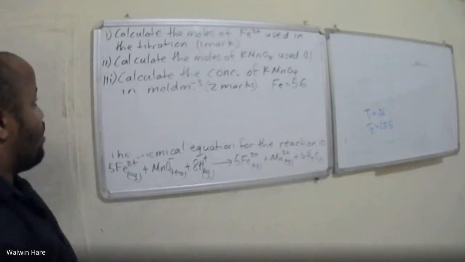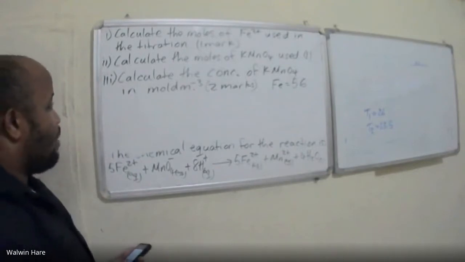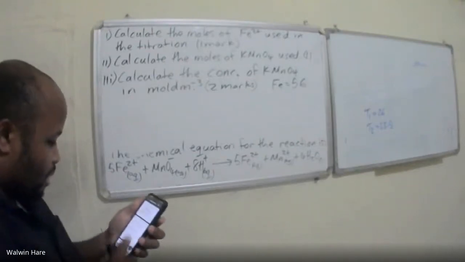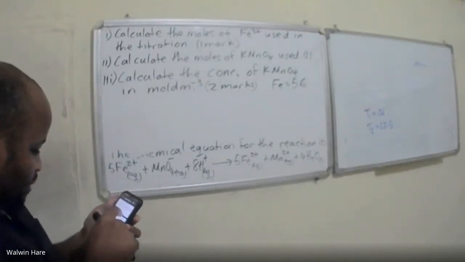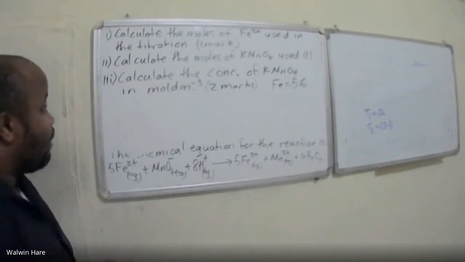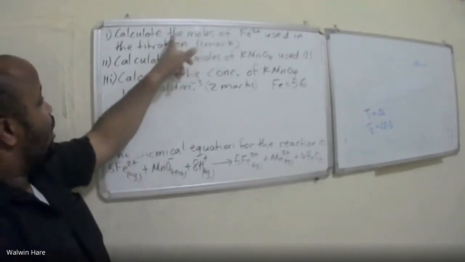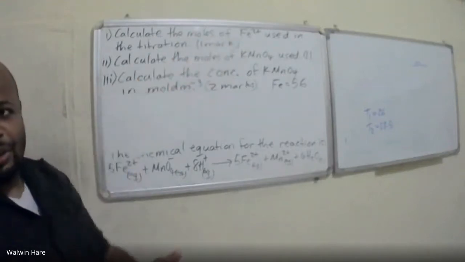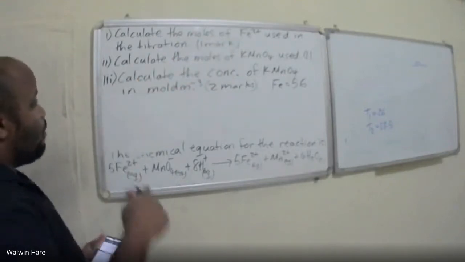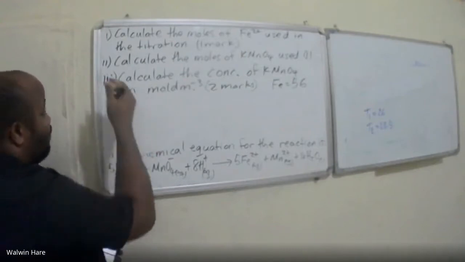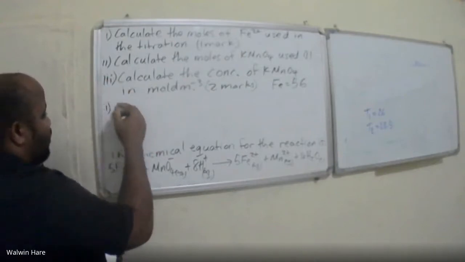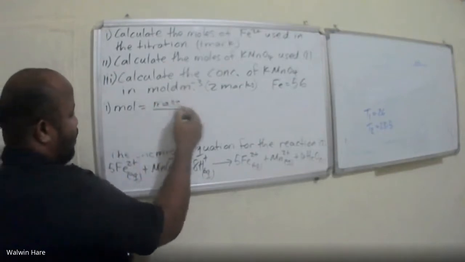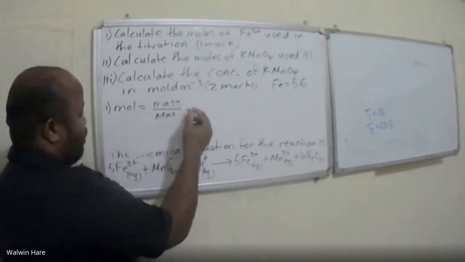All right, so all we know is that we used 0.15 gram of the iron plate for the titration, right? So when they ask us to calculate the moles of Fe2 plus used in the titration, if we use 0.15 gram, we know that the mole is equal to mass divided by the molar mass.